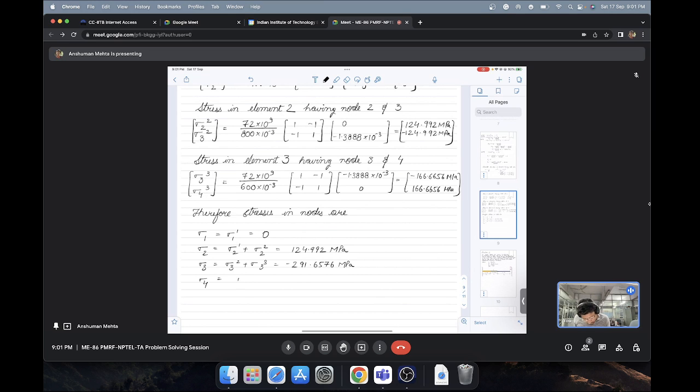And again sigma 4 is only 1, which is because of the element 3. And from this we can find out this is our maximum stress.